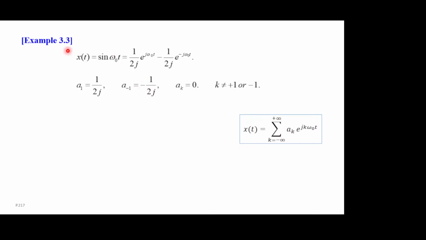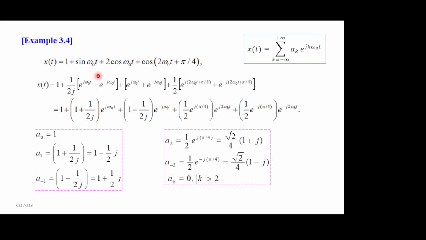And obviously the fundamental period here will be 2 pi over omega naught. Okay, now let's see a more complicated example, but still kind of the same.